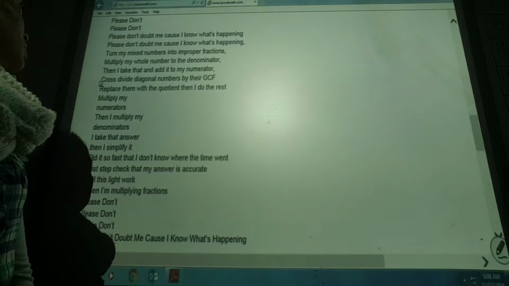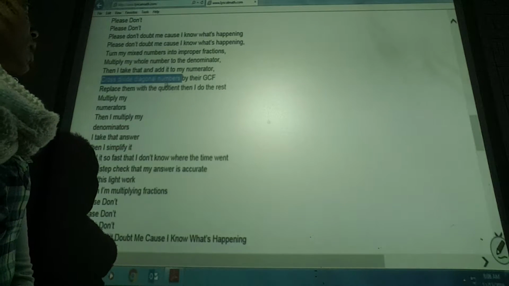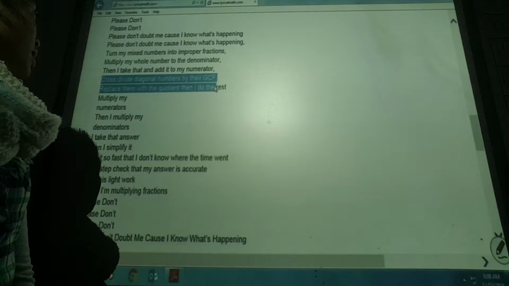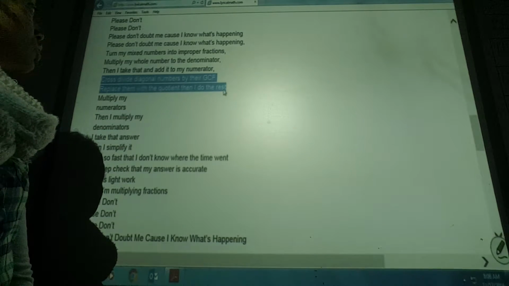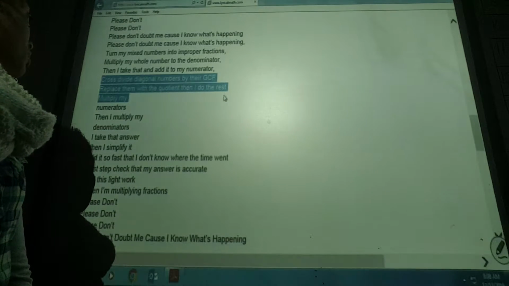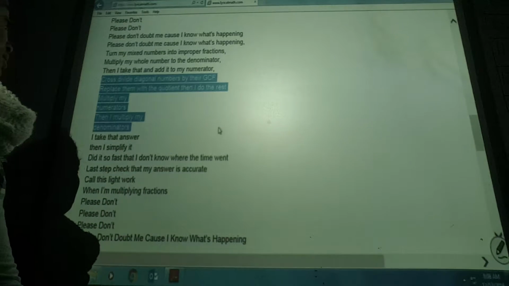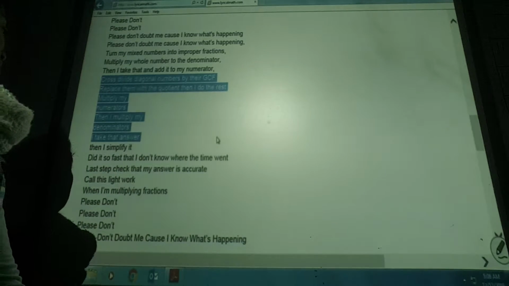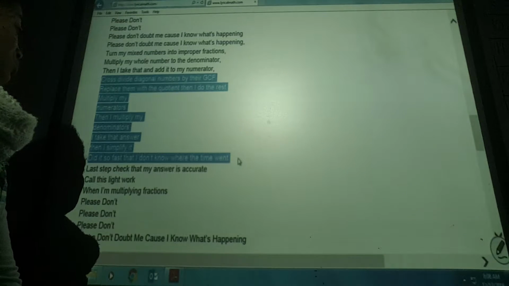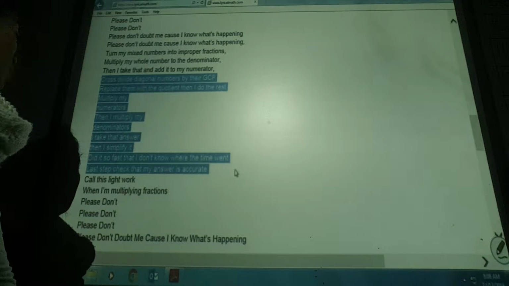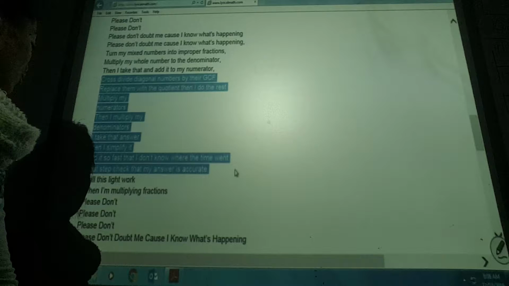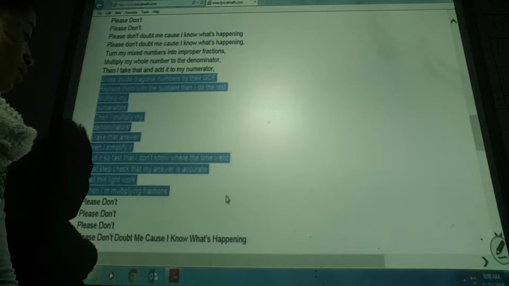Cross divide diagonal numbers by their GCF. Replace them with the quotient. Then I do the rest. Multiply my numerators. Then I multiply my denominators. I take that answer and I simplify it. Did it so fast that I don't know where the time went. Last step, check that my answer is accurate. Call this light work when I'm multiplying fractions.